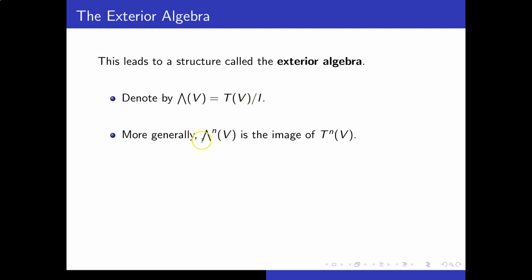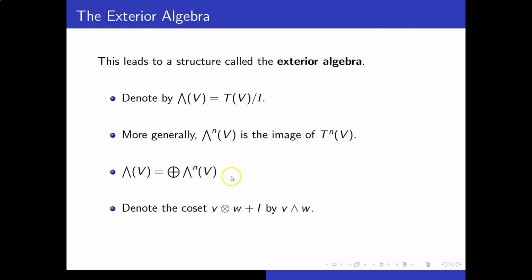described above. The other thing, though, is that we can do what are called exterior powers just like we do tensor powers. I have the nth tensor power. The nth exterior power is just the image of the nth tensor power under the quotient by the ideal I. So this means that much like the tensor algebra, the exterior algebra is a sum of the exterior powers.